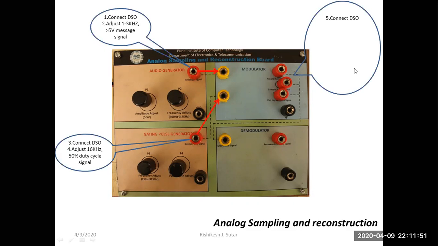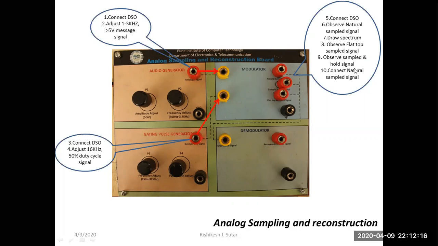Now we can connect the output of the modulator to the second channel of the DSO. Then we can observe the natural sample signal. Then we can observe and draw the spectrum of the natural sample signal. Also, you can observe the flat top sample signal and the sample and hold signal.